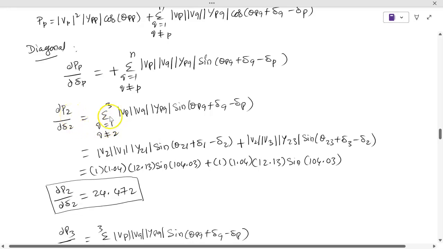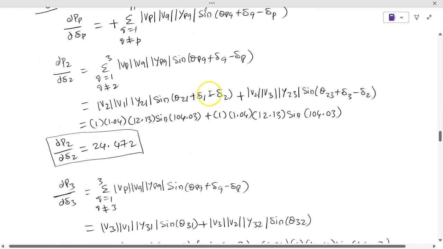Q is equal to 1, 2, 3 where Q is not equal to 2, that is, Q is not equal to P. Here P is 2, so Q is equal to 1 and 3 only. Only 2 terms we will get. P will be 2 in every term, and Q will be 1 in one term and 3 in the other, but Q equal to 2 will not come. After substituting all values, we will get ∂P2/∂δ2.